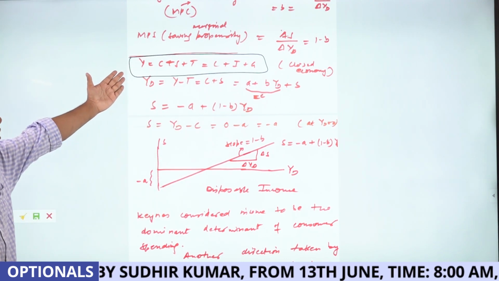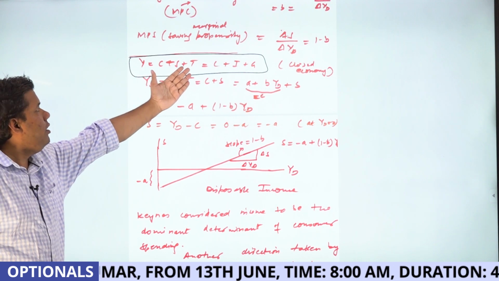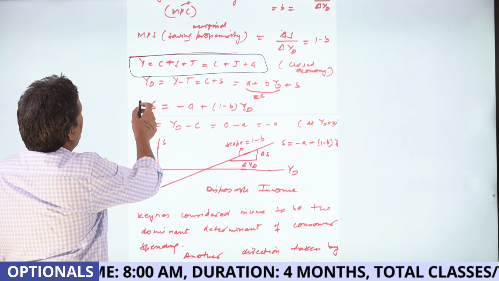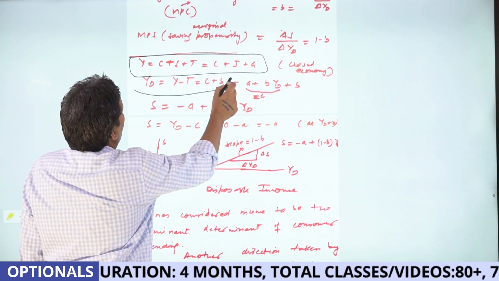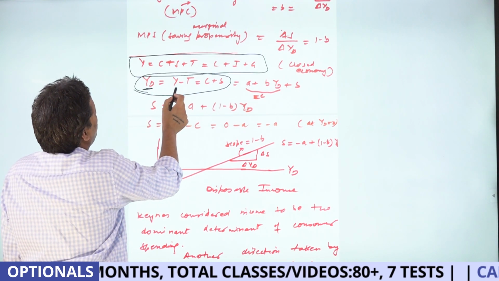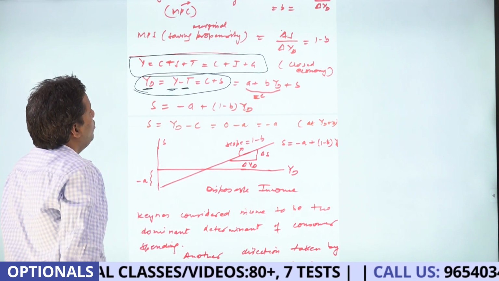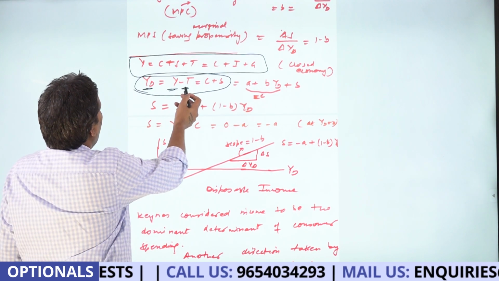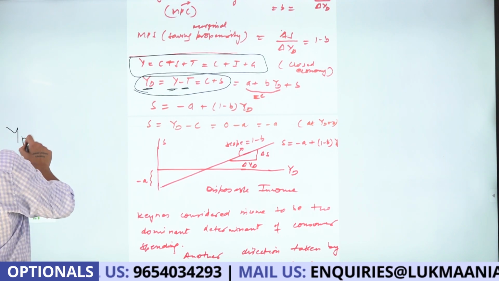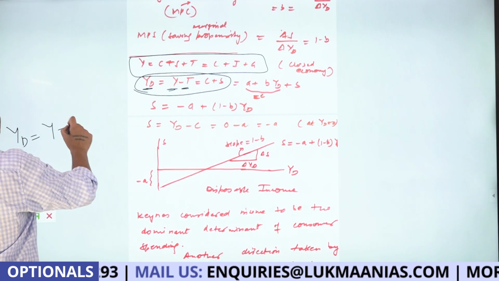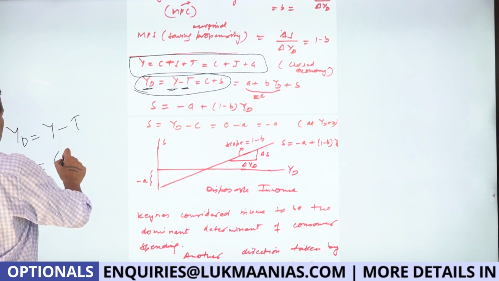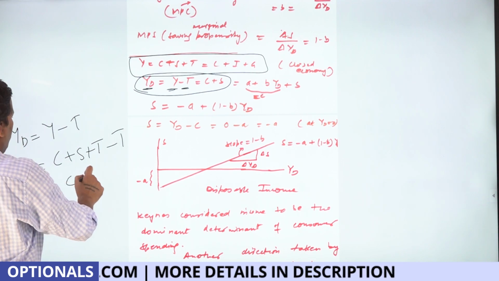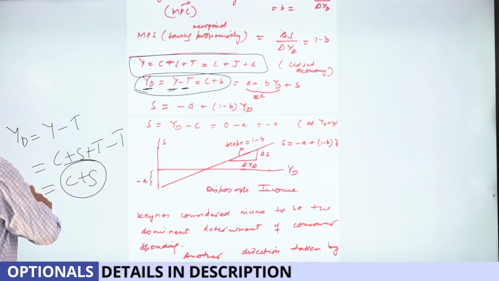Calculating GDP or aggregate demand, income from expenditure and income method. Okay, you also know disposable income is nothing but your income minus taxes. So YD is equal to income minus taxes, and you know Y is equal to C plus S plus T. So minus T, this will become C plus S, disposable income.